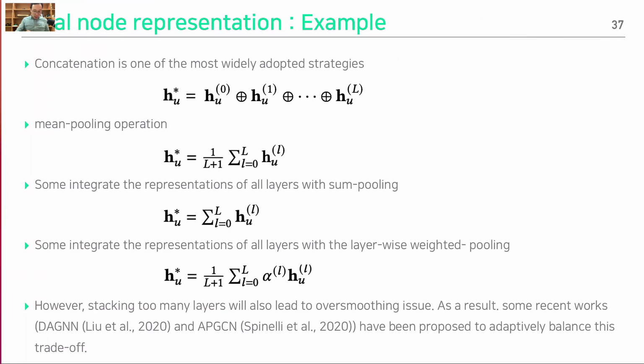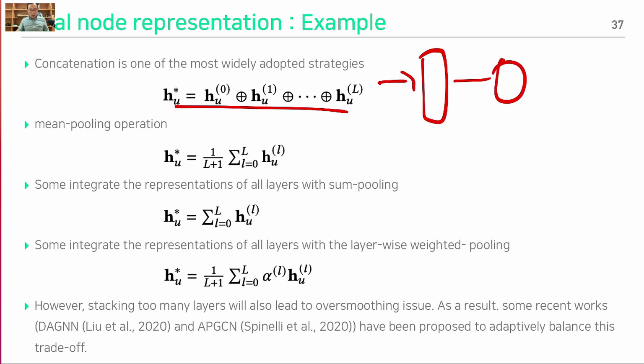So we may concatenate everything and connect to a fully connected layer and decide the final representation. This is one way. The second one is mean pooling, where we just sum over every representation, or we can think about a weighted summation.